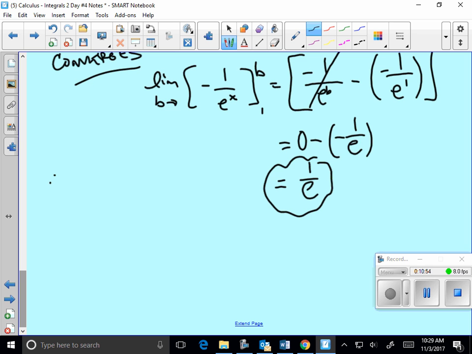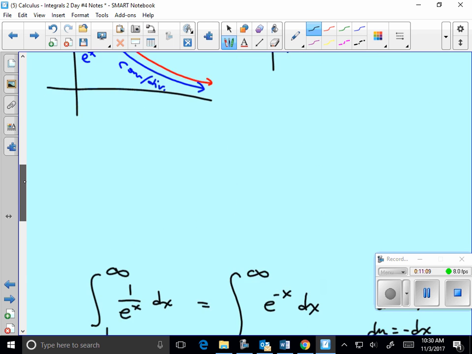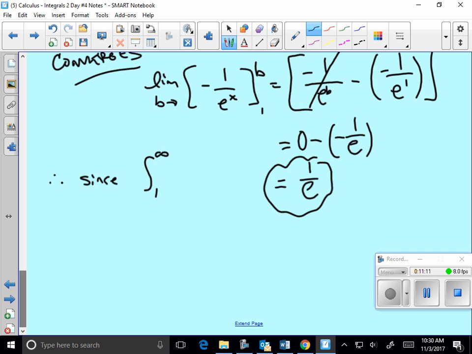Therefore, since the integral from 1 to infinity, I'm going to imply something here for a second. Hold on. Negative, what was the original function? Got lost there. There we go. E to the negative x dx converges. Let's do this.